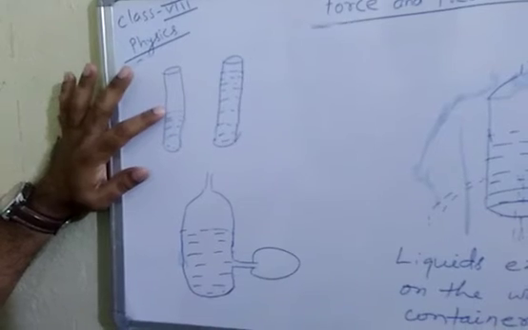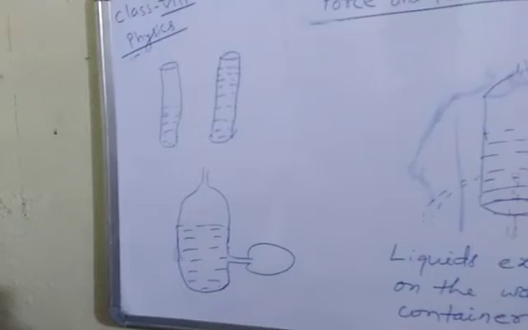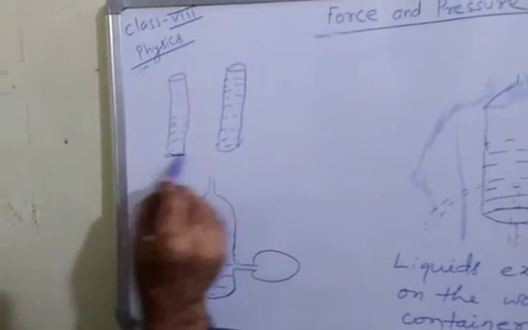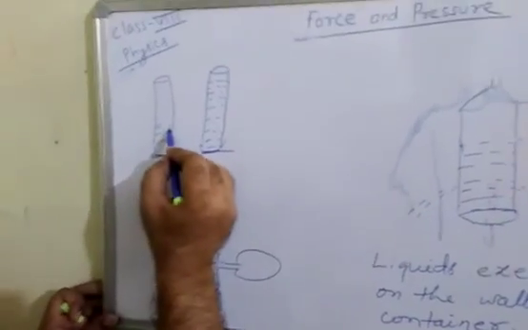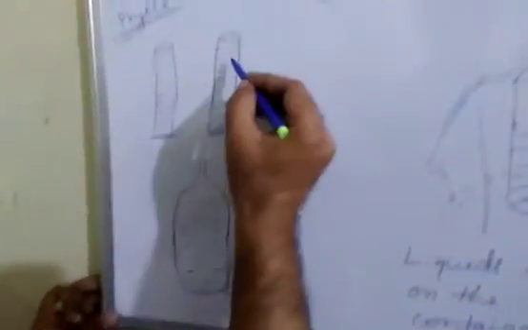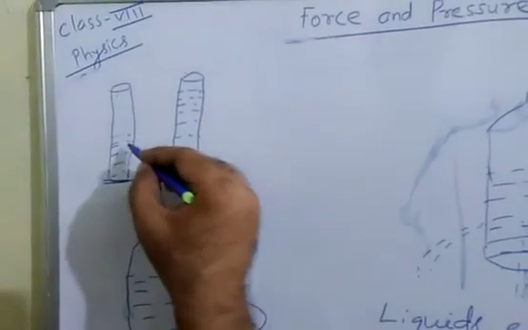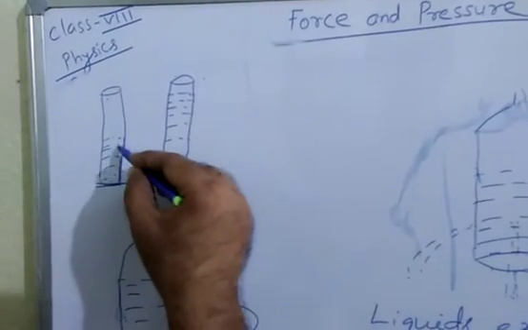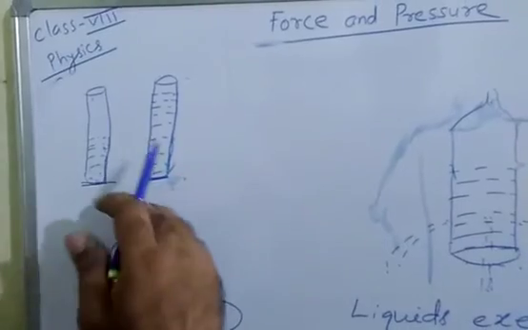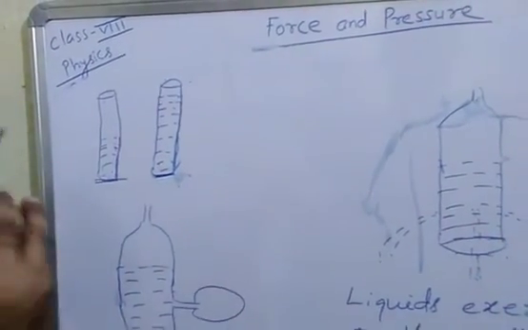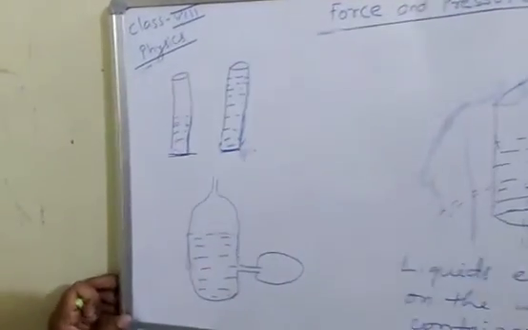So as the height of liquid increases, the pressure at the bottom will increase. In this case, pressure will be less. In this case, pressure will be more. Why? The height of the column of the liquid is less here, and more here. So as the height or depth of the liquid increases, the pressure will increase.